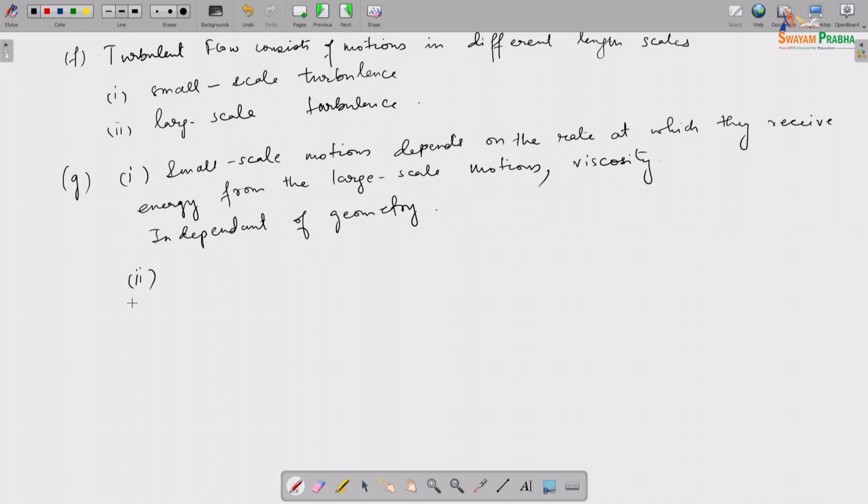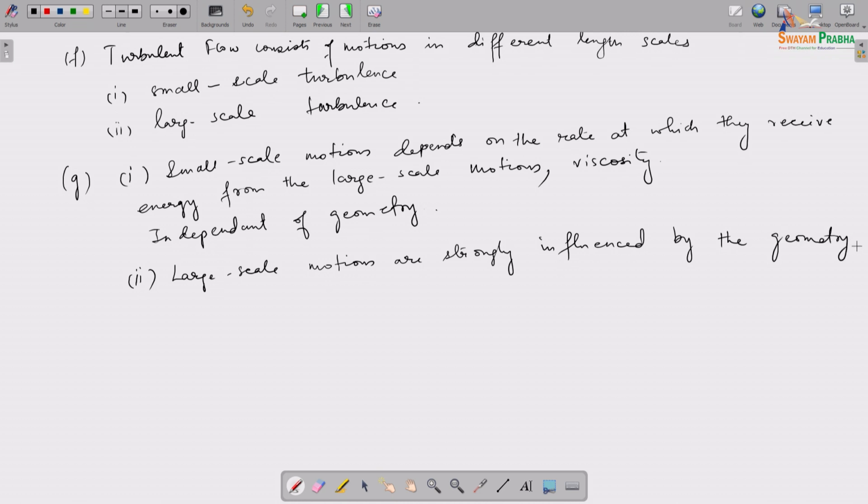So, large scale motions are strongly influenced by the geometry, right?